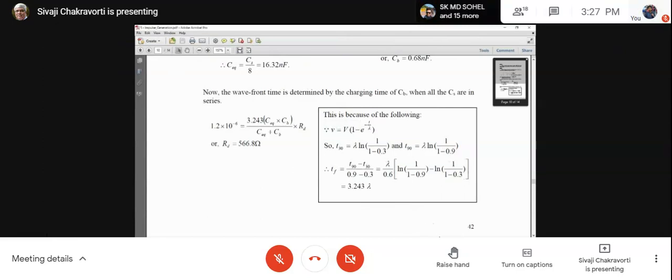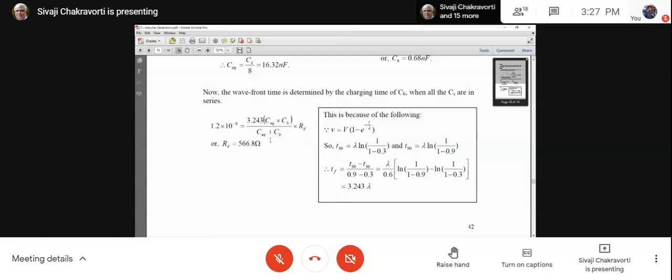What is lambda? Lambda is, of course, you know. Lambda is RC, and C here is the series combination of equivalent capacitance and the load capacitance. So 1.2 microsecond, which is the front time, is equal to 3.243 lambda.